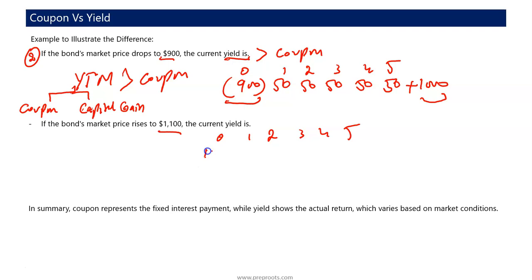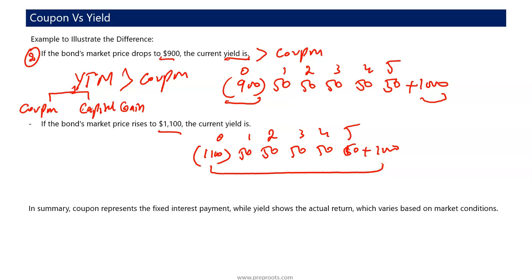If the bond market value is 1100, you are buying the bond at 1100. Every year you are getting 50. And in the last year you are getting 1000 back. Here it is a capital loss. So here YTM is lower than coupon. Coupon is 5, but YTM is lower. Why?